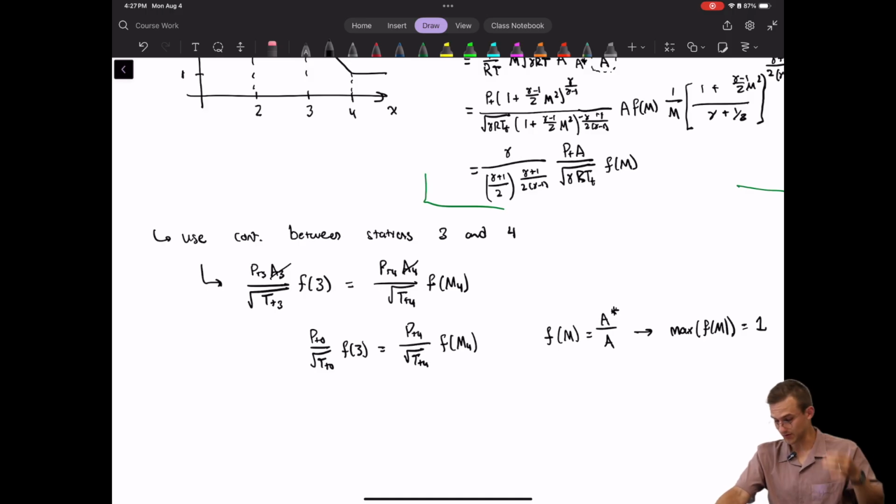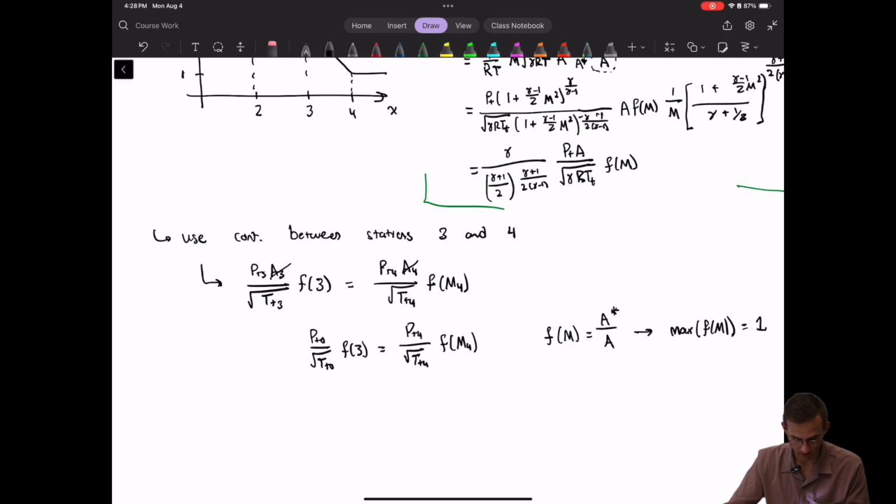So we can't make the area any smaller than A star, because we're not going to be able to push the flow to any higher speed than that. So the flow is choked.